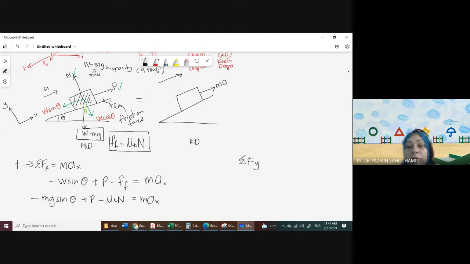Next is the summation of force in the y direction. We're going to assume positive upwards.